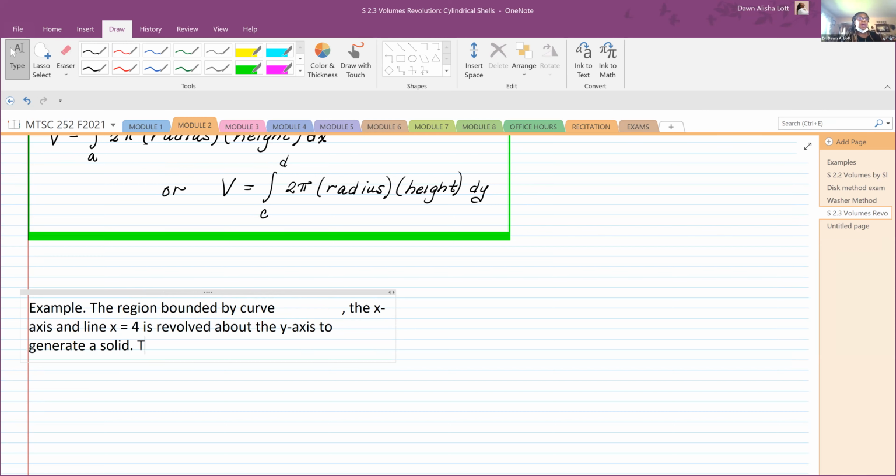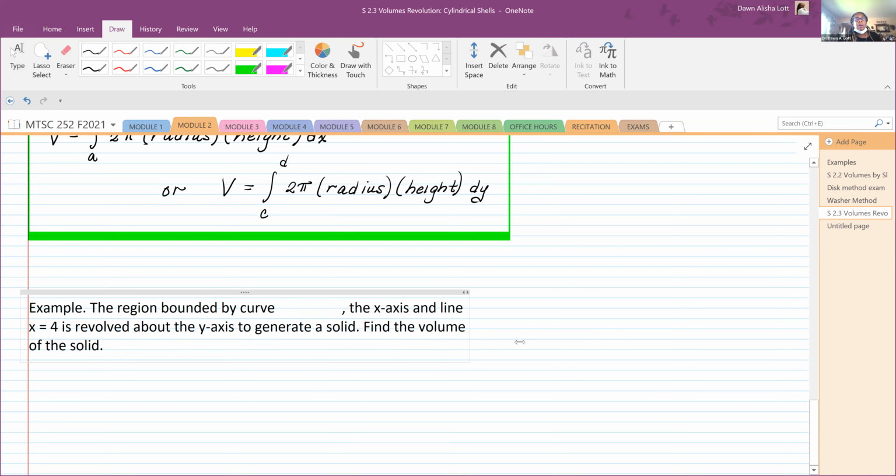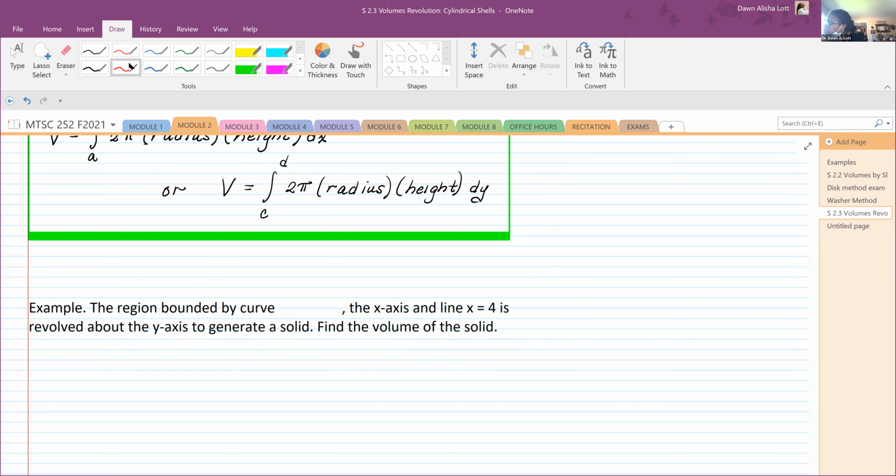Find the volume of the solid. Okay, all right, so the curve is y is equal to the square root of x. We've used this one before.